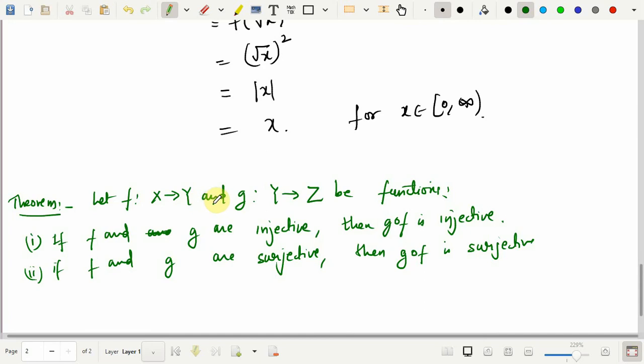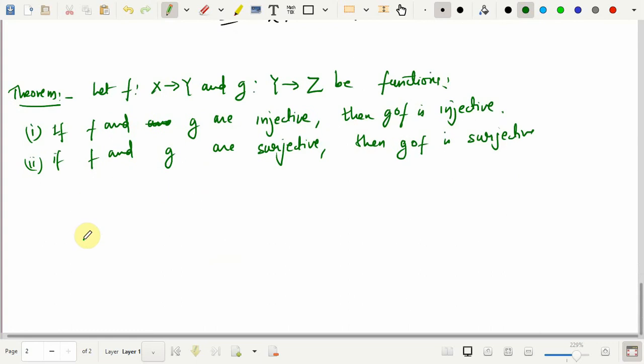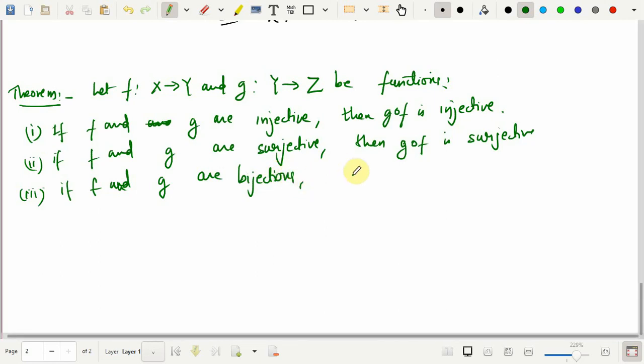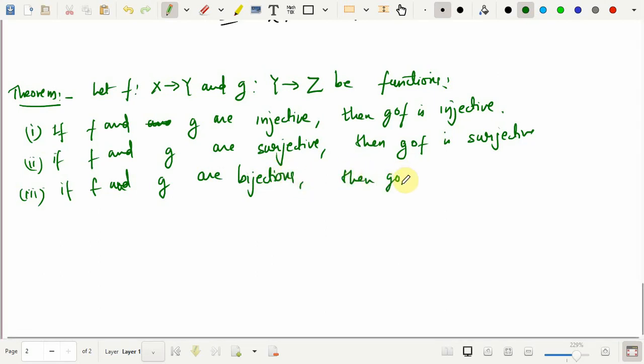So you cannot define f composite g unless x is the same as z. Combining these two results, one can say that if f and g are bijections, then g composite f is also a bijection.